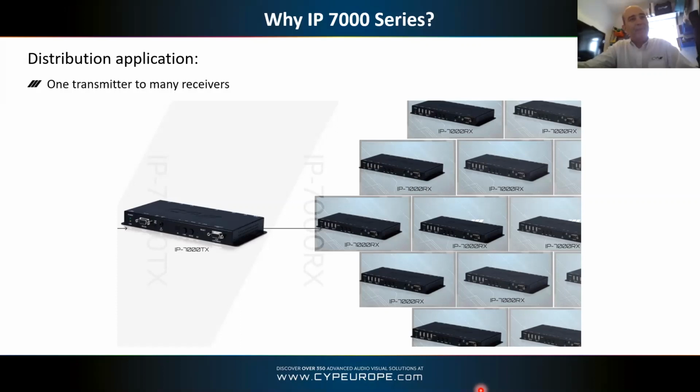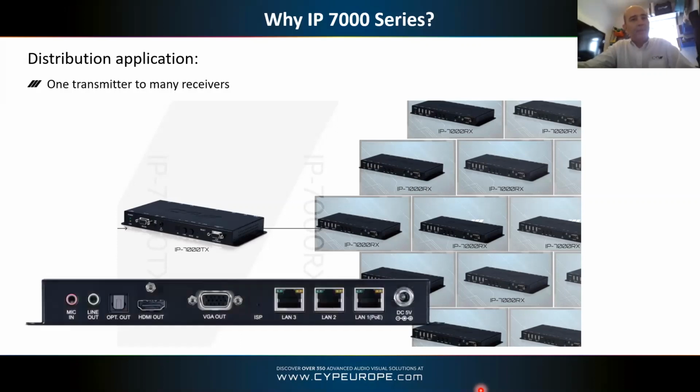That was previously a matrix application, but you could have one transmitter to many, many receivers. I'll pass this over to you, Kev. Yeah, you've got this cascade function on the RXs. Now, obviously, in a distribution system, you don't actually need to go through a 1 gig network switch. You can, but you don't need to.